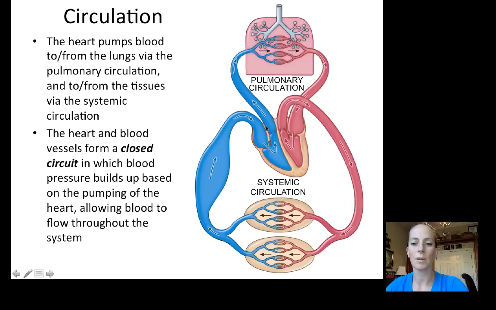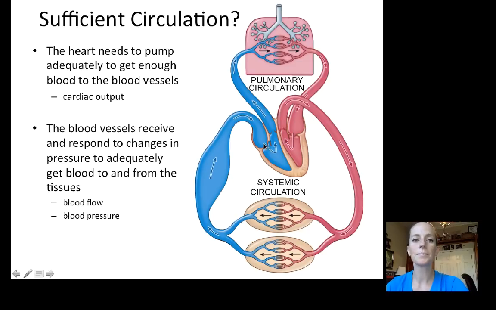The heart has to be working appropriately in order to get enough blood pressure established such that the blood actually reaches the tissues, and enough blood pressure such that it is continued through the circuit so it gets back to the heart and recycled. So we really want to think about, as we go through all the different measurements today, is the body getting sufficient circulation, and how would we measure that?